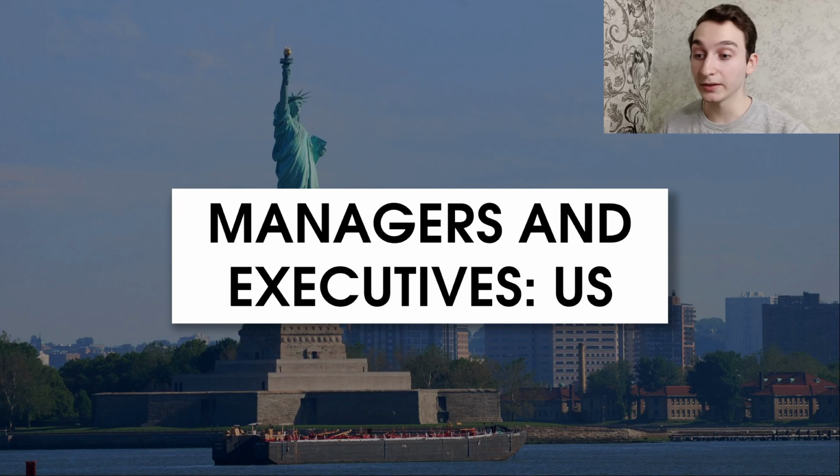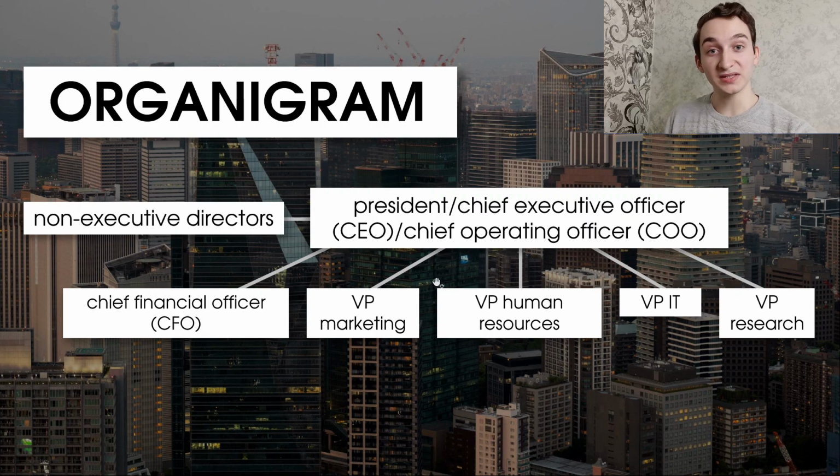So I hope that was clear, and let's continue and talk about managers and executives in the United States. Well, we have something similar, right? We have a similar organigram, and we also have non-executive directors here. But look at that, we have a president or chief executive officer, CEO, shout out to lesson number 6, chief operating officer, COO, and actually that's all individual.